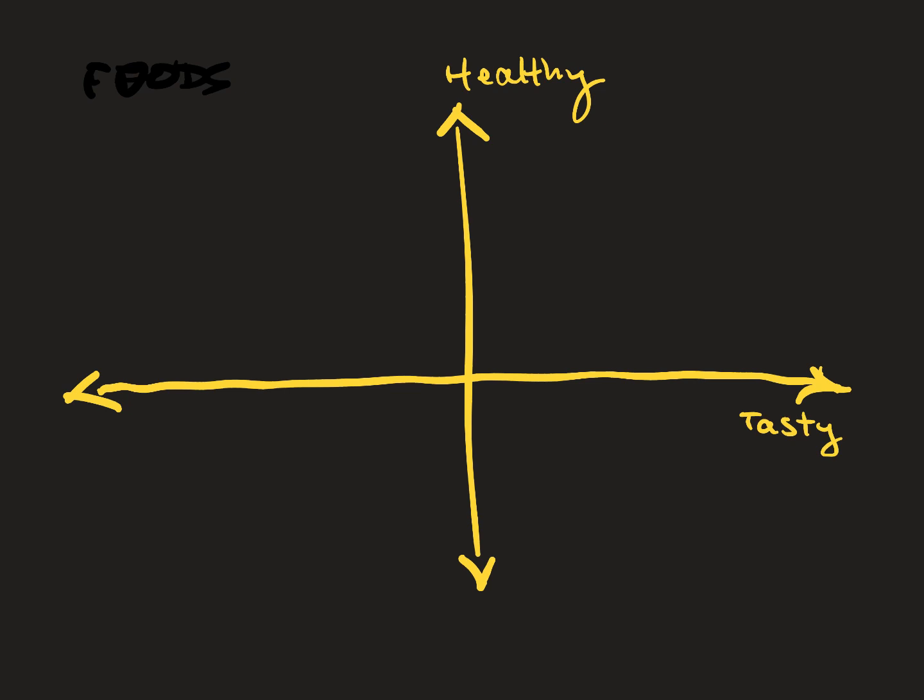Okay, so imagine food has these two dimensions to it, healthiness and tastiness. And I wish I had more time. Okay, can you give examples of foods that are actually healthy and tasty? Do they exist? Apples? Okay, I'll just put them up in this quadrant for healthy and tasty. What else? Mangoes?